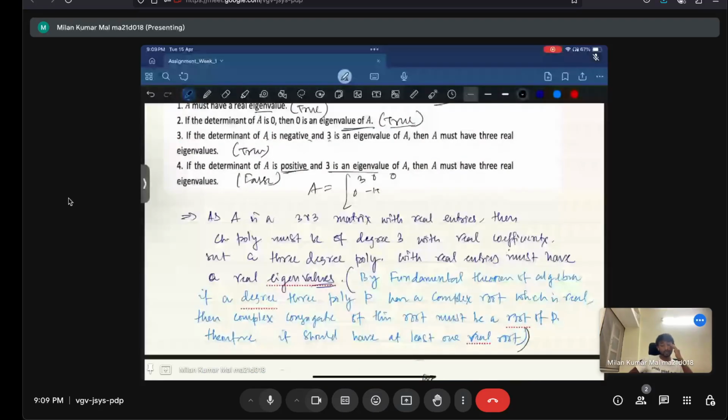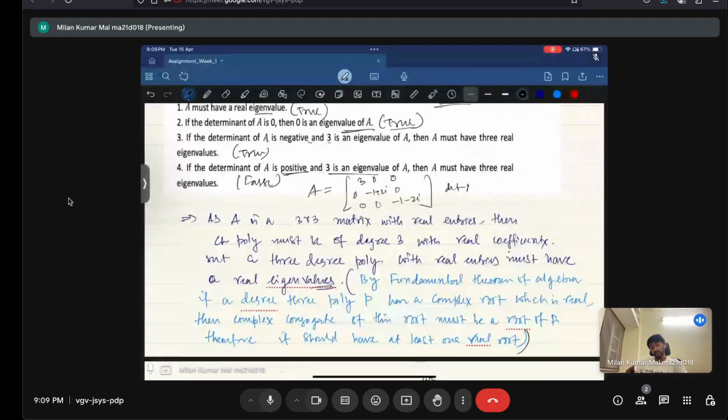Note that the eigenvalues are not real, that's true. 3 is an eigenvalue, that's true. And the determinant of A equals 3 times (1 plus 4), which equals 15, which is positive, right? Because 1 minus i squared times 4 is 1 plus 4. So that's why this is the answer, and all the others are true. So this is all.